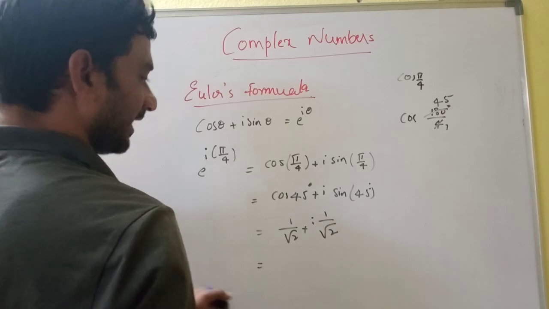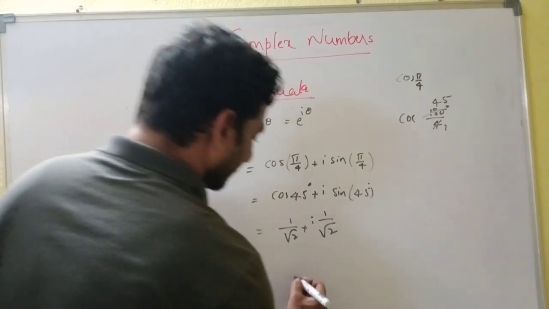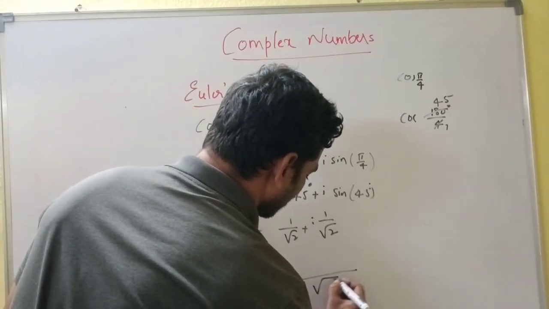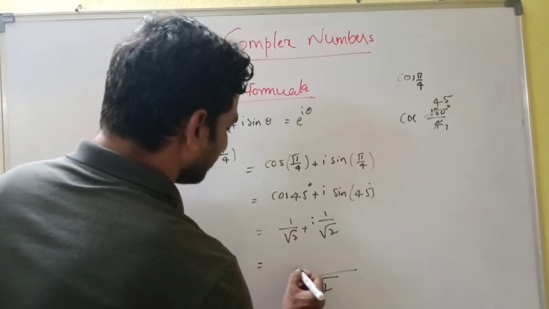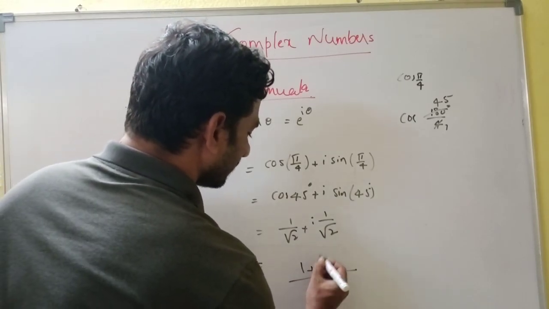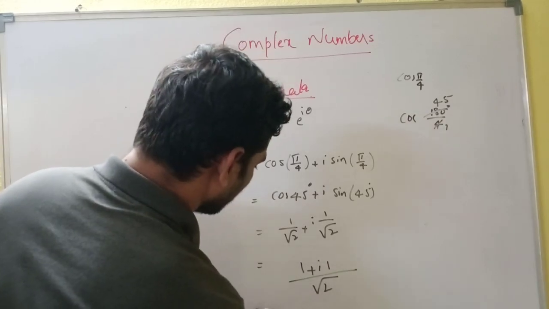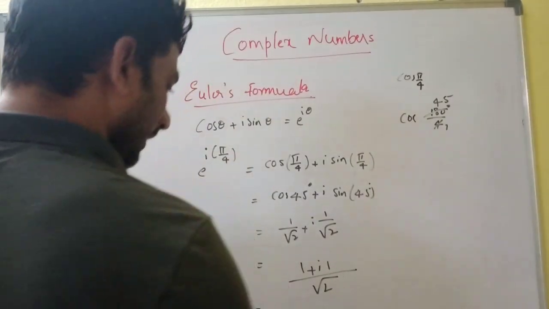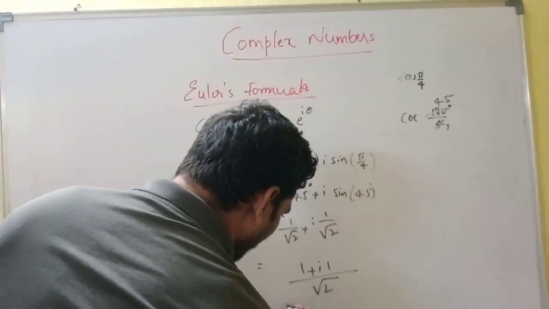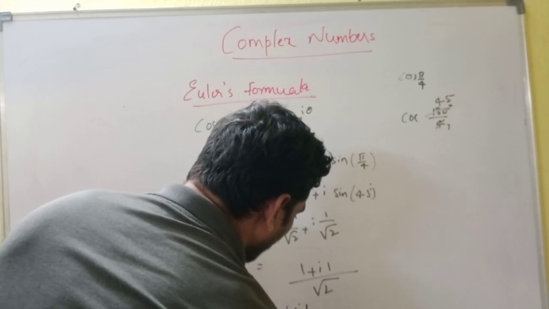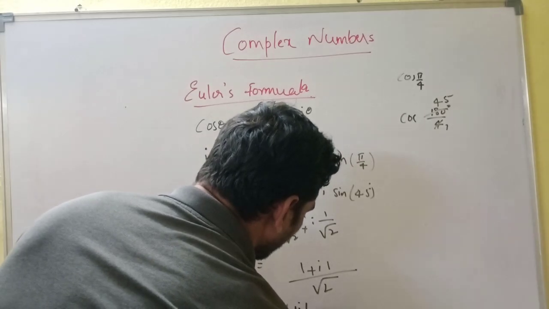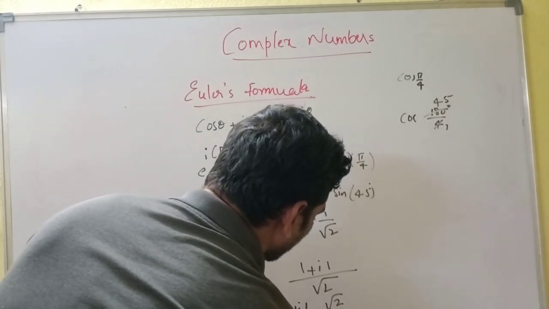Taking the common denominator root 2, we get 1 for the real term and 1 for the i term. Now rationalize the denominator: 1 plus i into 1 by root 2 into root 2 by root 2.